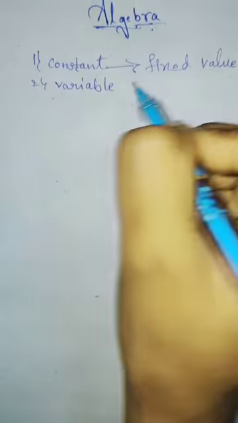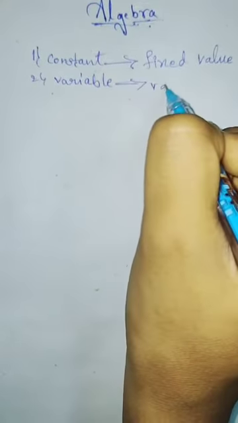Now, under algebra, we get two terms. The first one is constant and the second one is variable. First, we need to understand what a constant is. Constant means it is a fixed value, while a variable is a varying value.